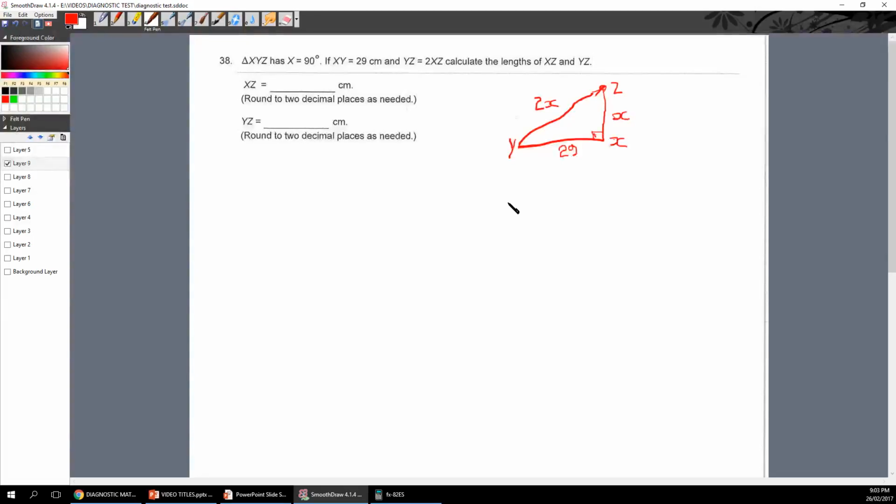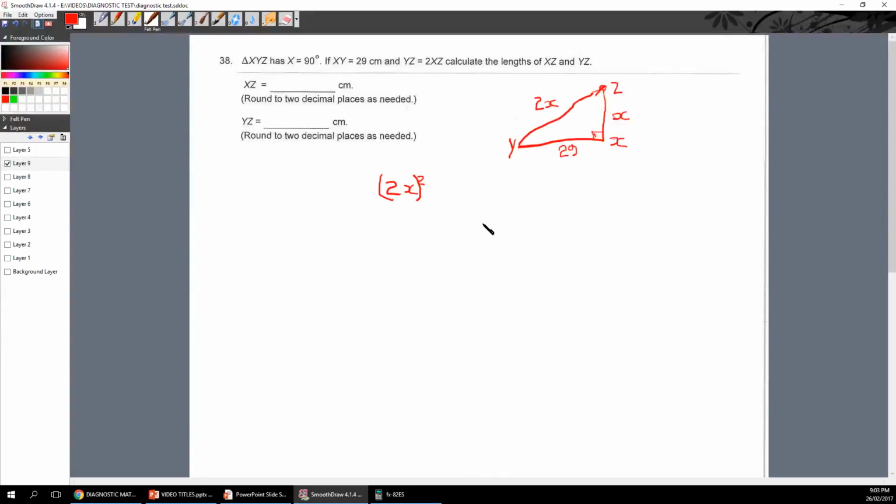And then what we have to do is somehow work out the lengths of these sides. Okay, so, well, what do we use? I guess we could use Pythagoras, because we know that. I'm going to try using that. (2x) squared, not 2x all squared, right?